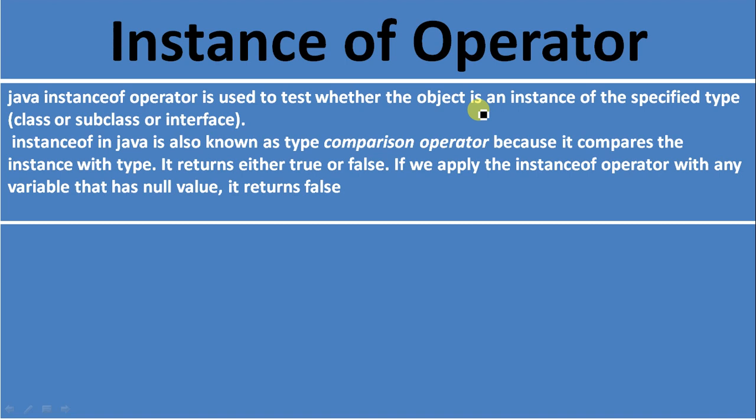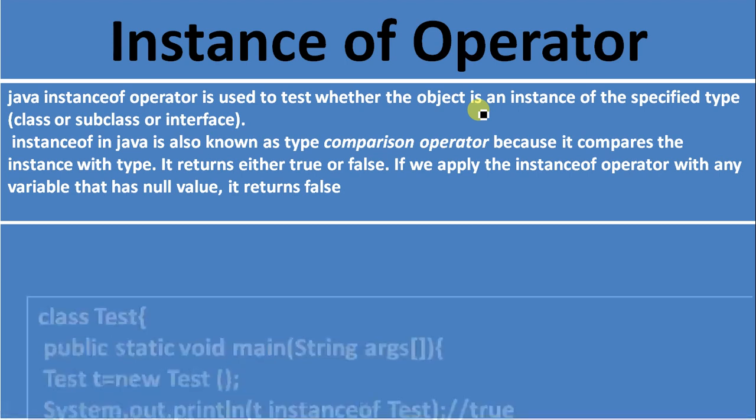To check this, we use the instanceof operator. Instanceof in Java is also known as the type comparison operator because it compares the instance with a type. It returns either true or false. If we apply the instanceof operator with any variable that has a null value, it returns false.